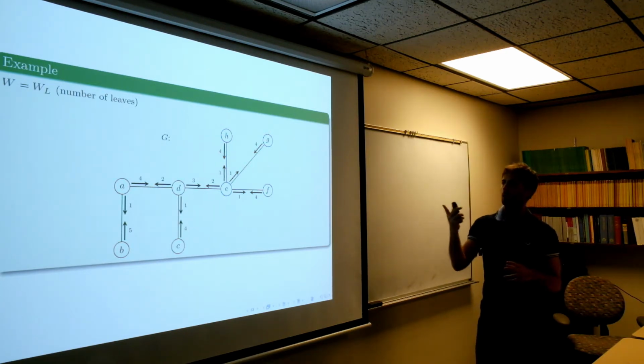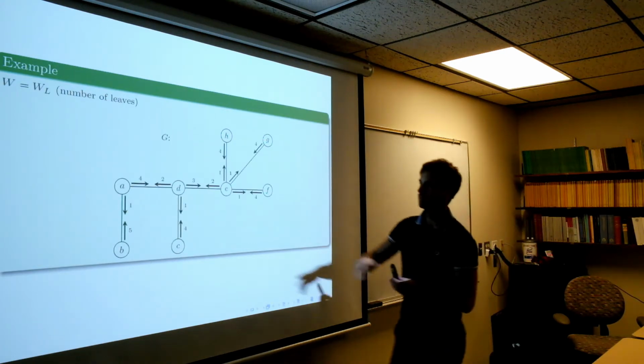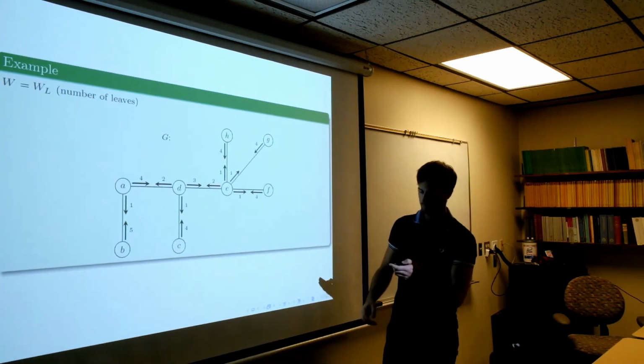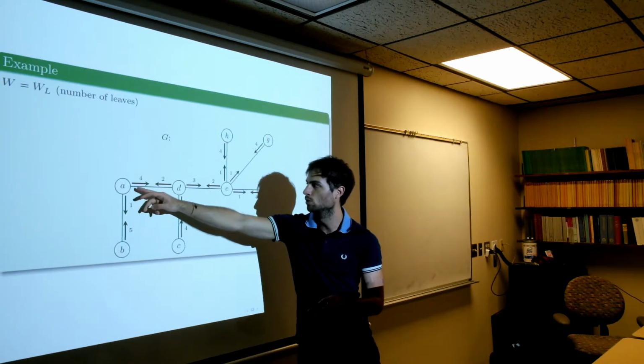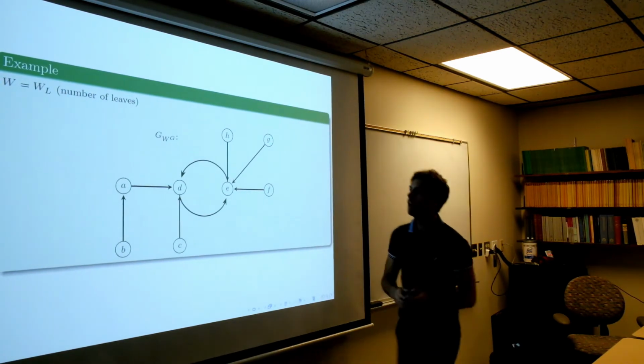Okay, and then we end up with an assignation of numbers to the arrows, and then we can construct the optimality graph in this way. So for example, from B, we have just one arrow, so in the optimality graph, we draw it. From A, we have two, one is 4, one is 1, so we go to D, and so on.